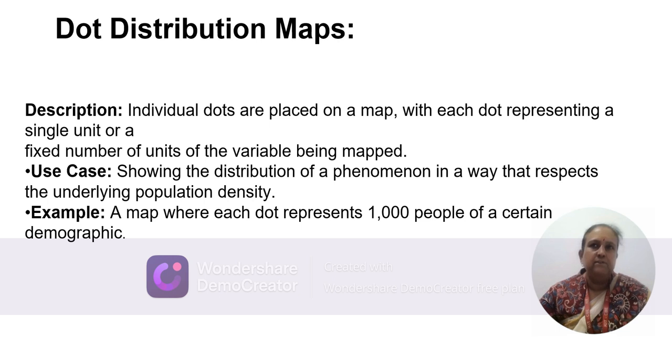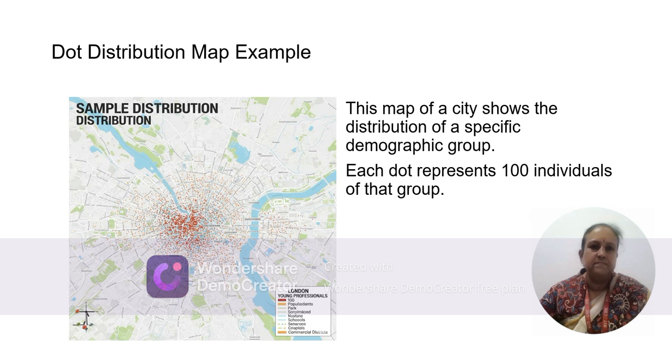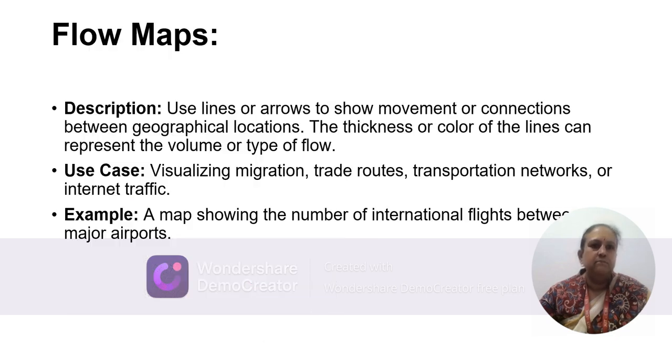A particular community can be represented through dot distribution maps. Here, this map of a city shows the distribution of a specific demographic group where each dot represents 100 individuals of that group. The number can be user defined, and the dots represent the specific distribution in that region. This is an example of a dot distribution map.